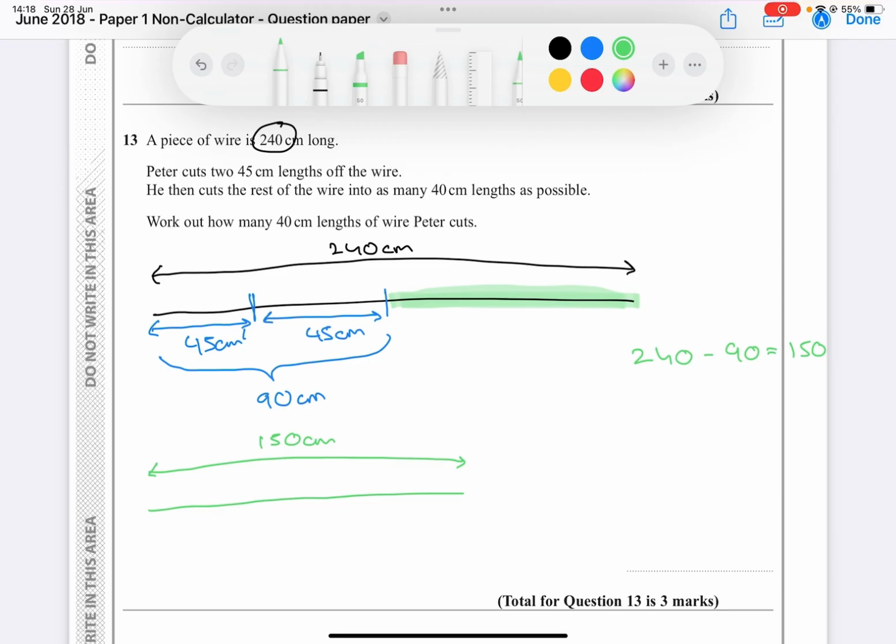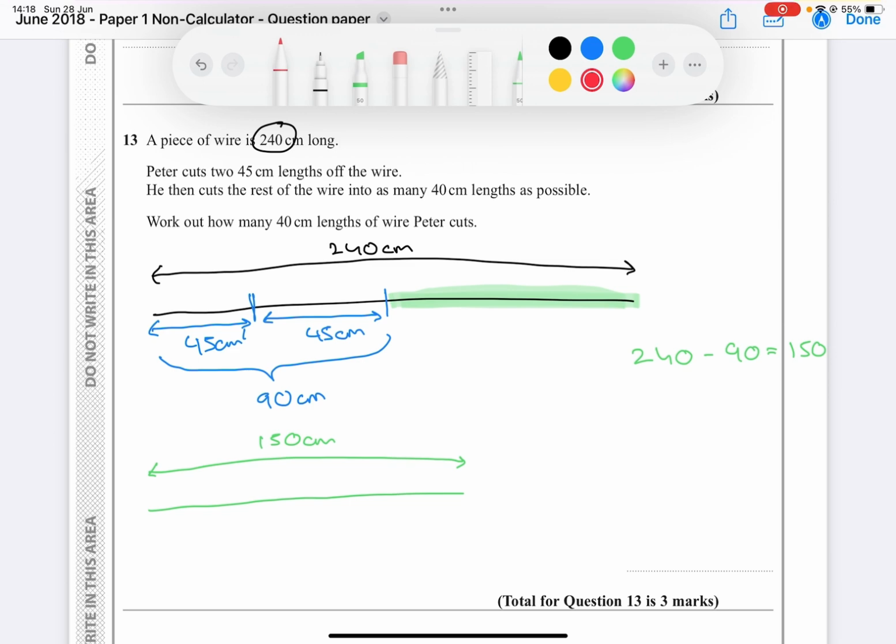Now we want to cut this length into 40 centimeter lengths, but we're not sure right now how many we can cut them into, okay? So let's do it in red.